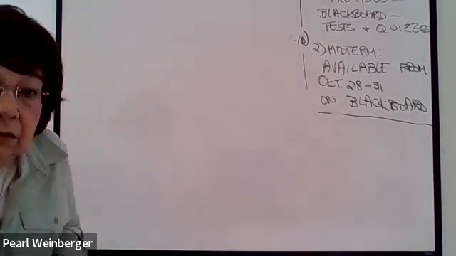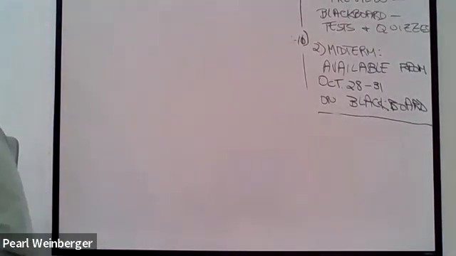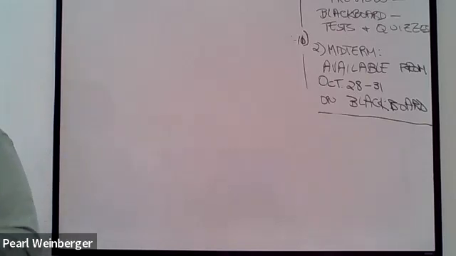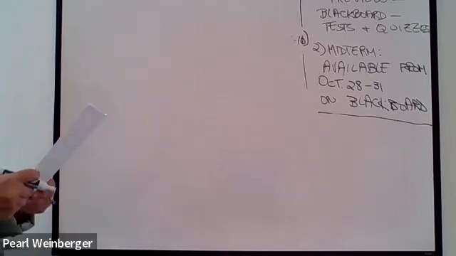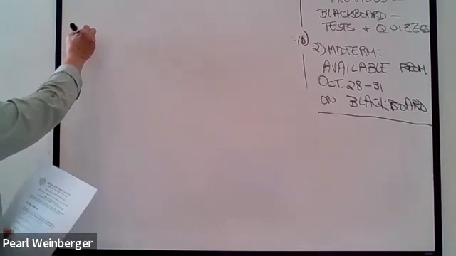Okay, let's continue from here. We talked about multiplying and dividing of rational expressions, fractions. Now we want to go on to adding and subtracting. Let's just do one more problem before we say we're finished.